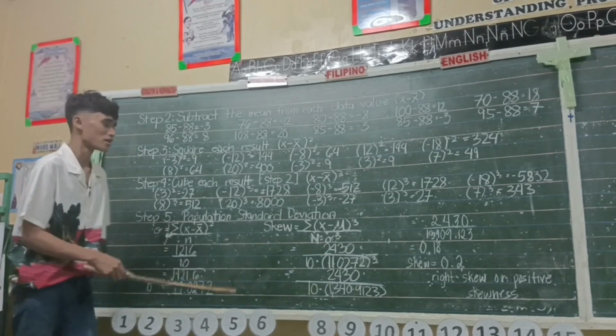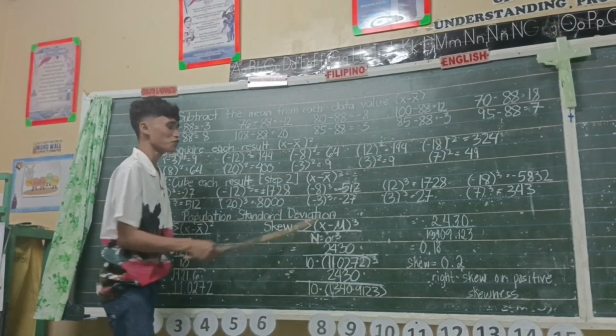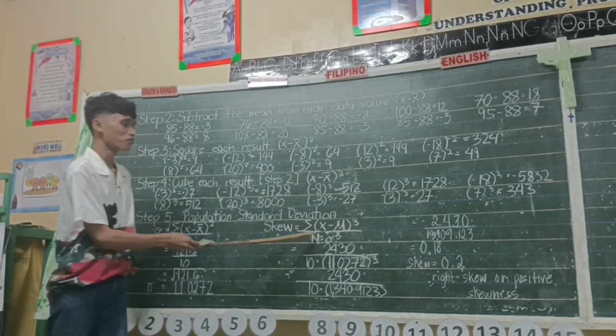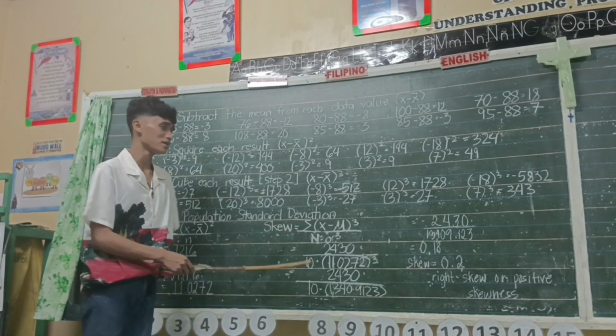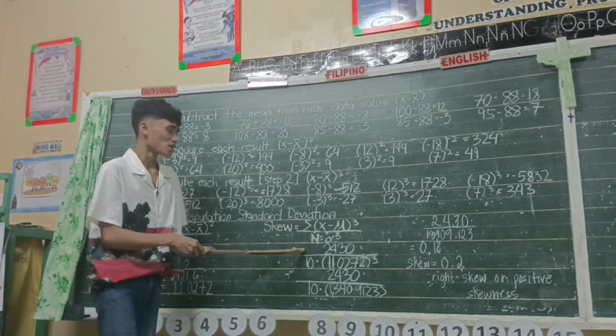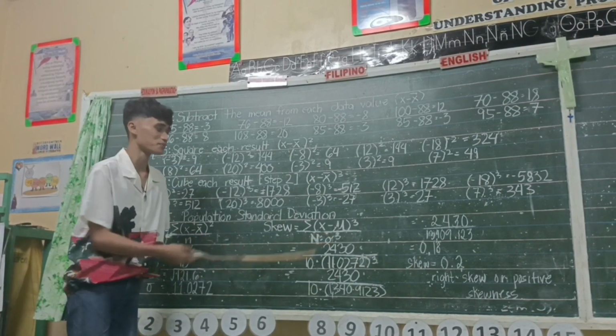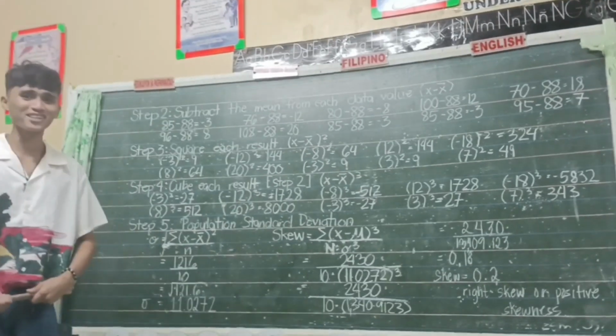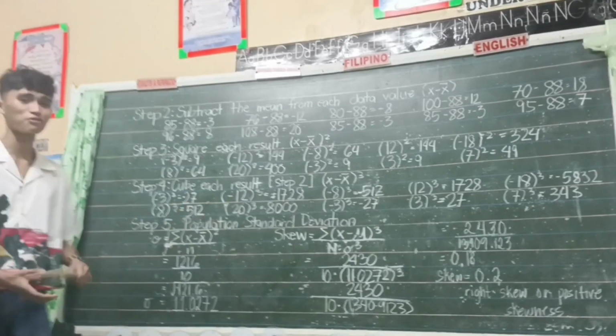And now, we're going to calculate the skewness. So here's the formula. Q equals the summation of the cube of the number of variables minus the population mean, over the cube of the number of population times the population standard deviation. Now, we're going to find the sum of the cube results in step 4.